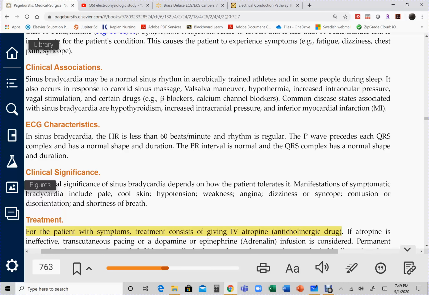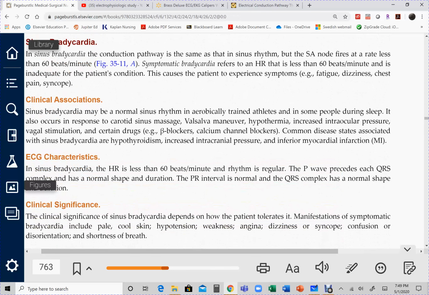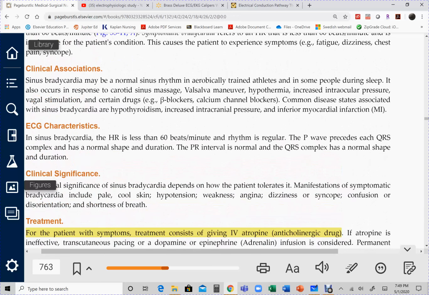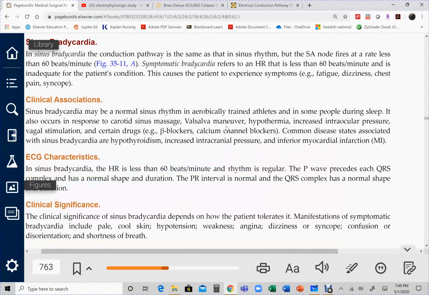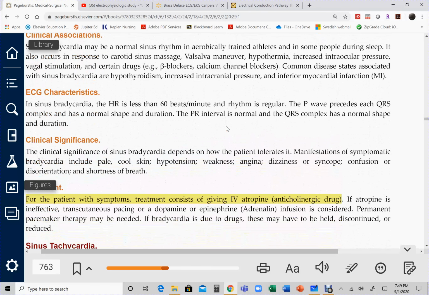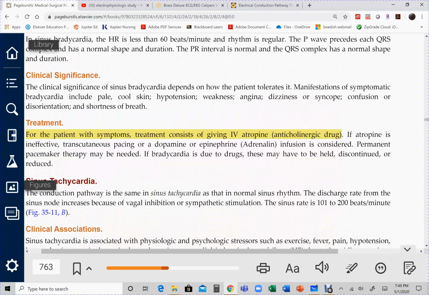Okay, I'm very constipated. So your treatment, therefore, instead of giving atropine, would be to give a stool softener or maybe a mild laxative. Okay, so this is what I mean by it's not always, so don't jump the gun. Okay, so don't go atropining every patient that has sinus bradycardia. All right, so always use common sense. Just follow what the textbook says.